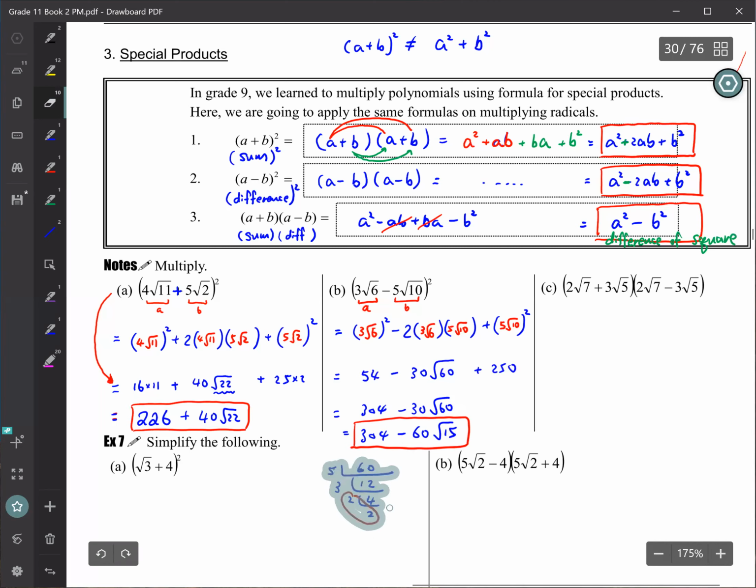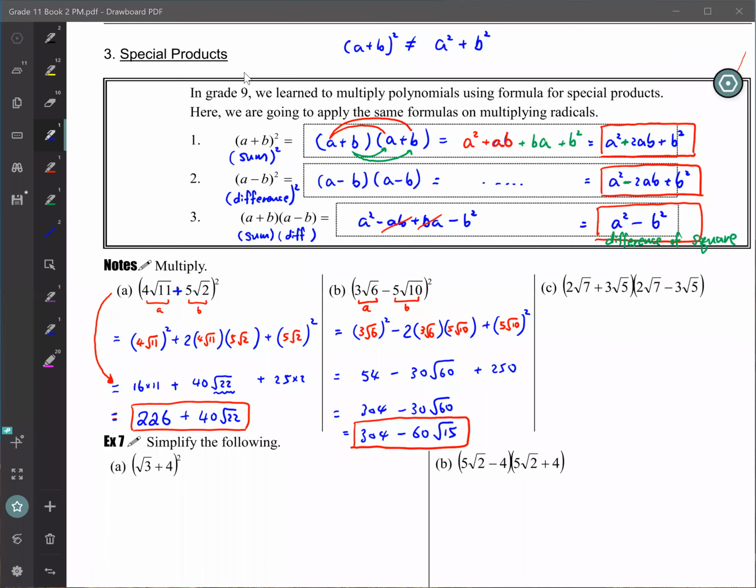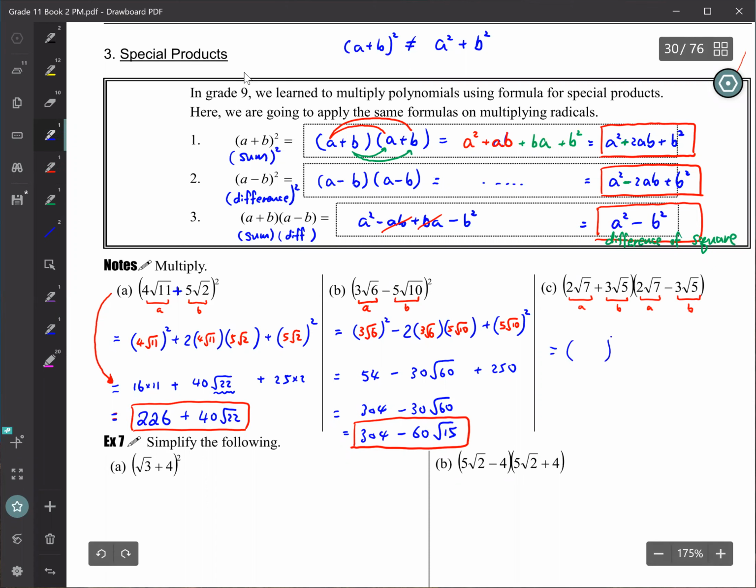So keep checking. Okay, last one is the special product number 3, the difference of square, right? So we have A plus B, same thing, A minus B. If we follow the formula, it will be A squared minus B squared.